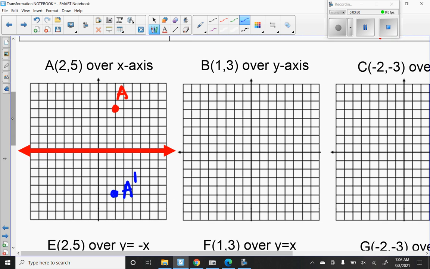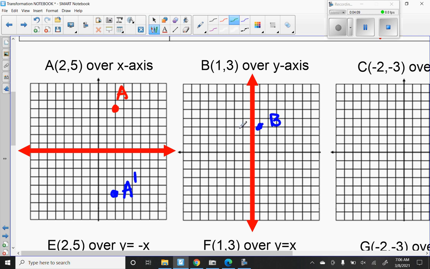Okay, so our pre-image is (1, 3). Here's our pre-image. We're going to reflect it across the y-axis. Now the y-axis goes straight up and down, and it's just 1 away.